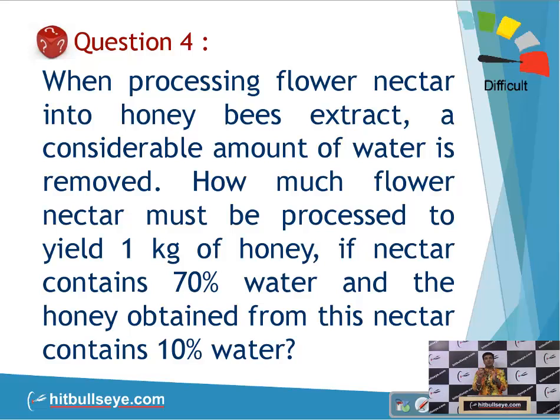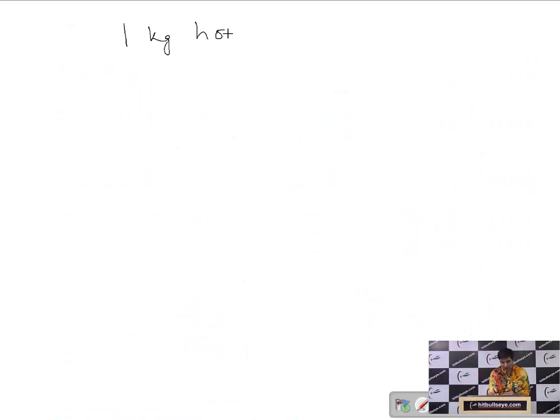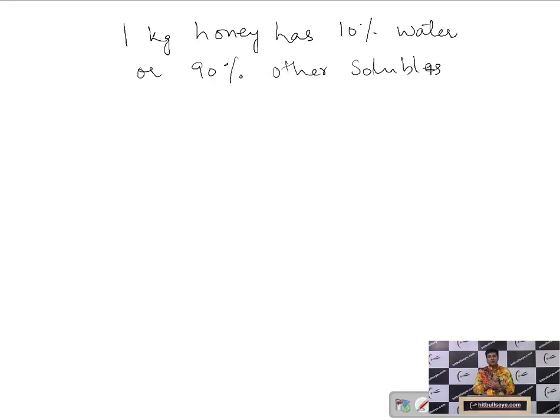So now, as we know, 1 kg honey has 10% water or 90% other solubles. So which means 900 grams of other things.